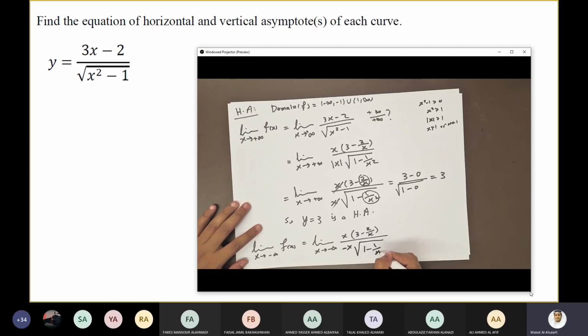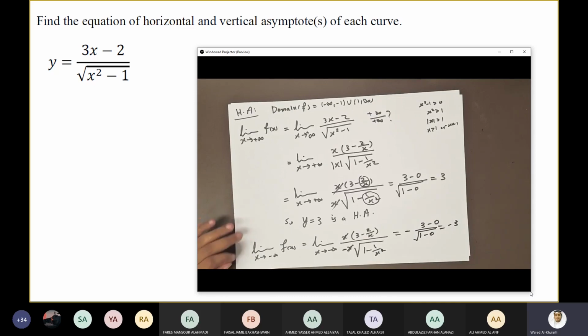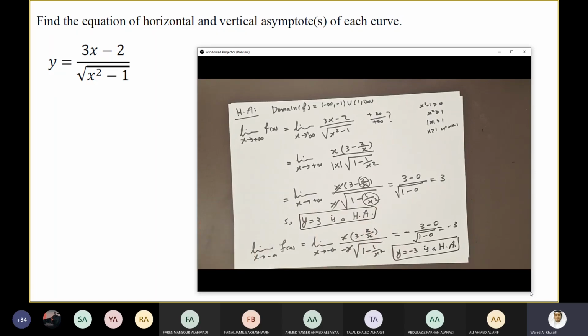So we get this, and these will cancel, so we have minus 3 minus 0 over the square root of 1 minus 0. The answer will be negative 3. So y equals negative 3 is a horizontal asymptote. So how many horizontal asymptotes do I have? I have 2.